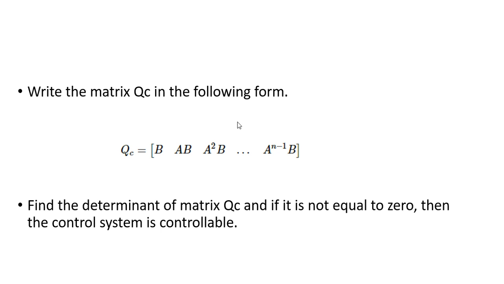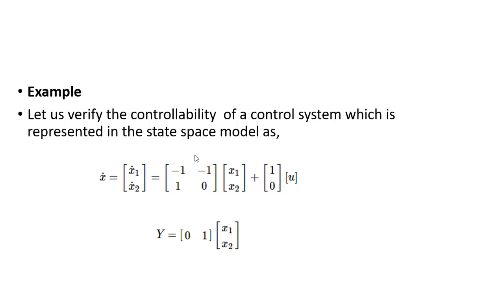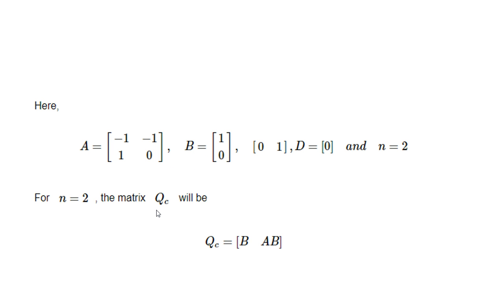So again I am repeating, the value of N is 2. So here A raised to 2 minus 1 means A raised to 1 into B, so the first two terms will be there only, so B and AB. So that's why our QC will be equal to, in matrix form, B and AB because N is 2 here. Suppose N is 3, then what will happen?